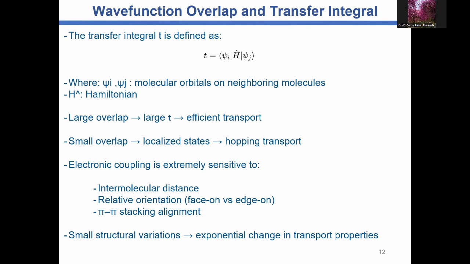Also, whether they have face-on or edge-on orientation, this way or this way, they have different overlapping. And also the pi-pi stacking alignment. What I want to say is that small structural variation is fundamental in organics; you can have an exponential change in transport properties.